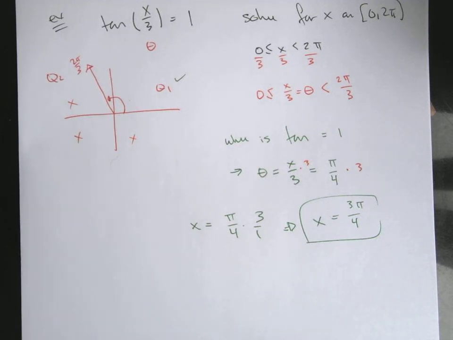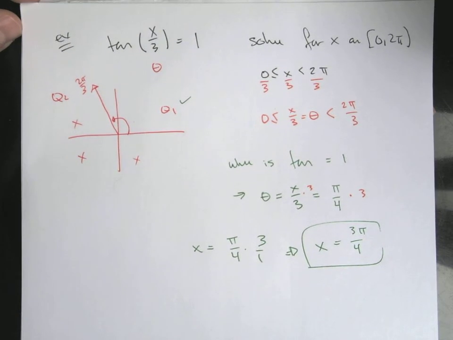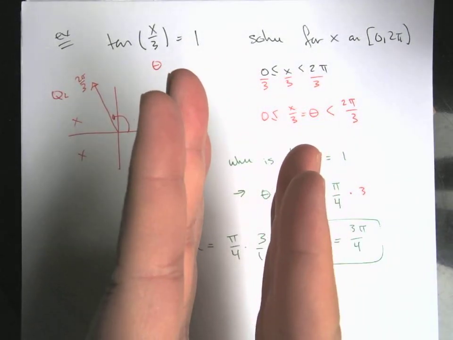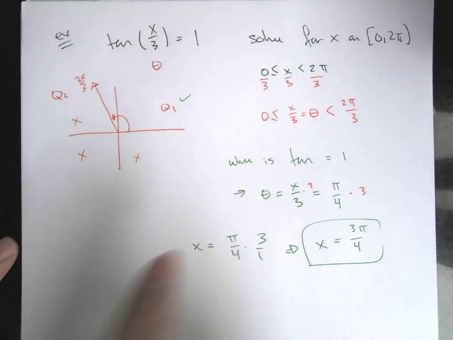So what happens generically if I double, triple, quadruple the value inside the angle? That will in theory double, triple, quadruple the number of answers I get, because I'm doing all those extra rotations. If I do x divided by 3, x divided by 2, x divided by 10 or something like that, that has the opposite effect. It shrinks down the window I'm working with. I'm working with a much smaller amount of rotation.